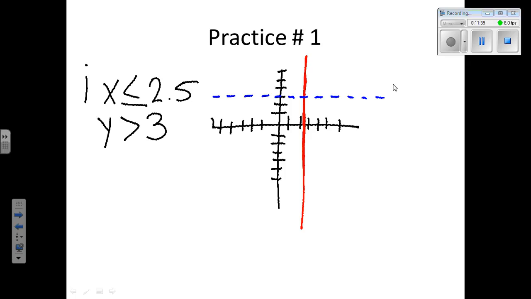So my shaded area is where these two lines are going to meet. So that to me looks like graph number A. So 1 would be put with A. Let's see if we can do B.